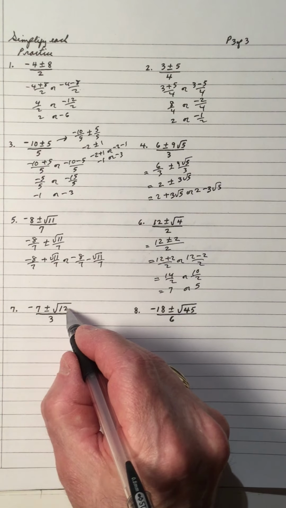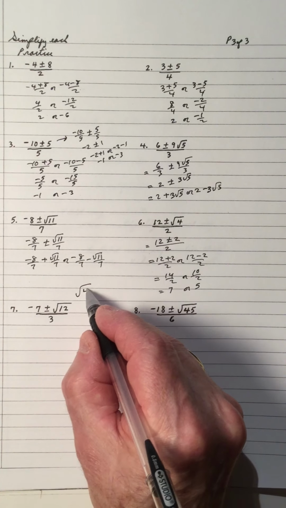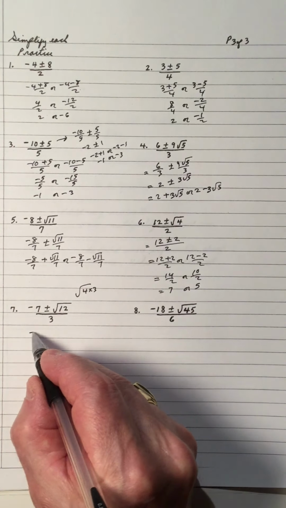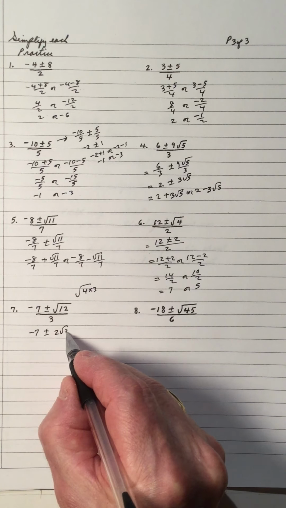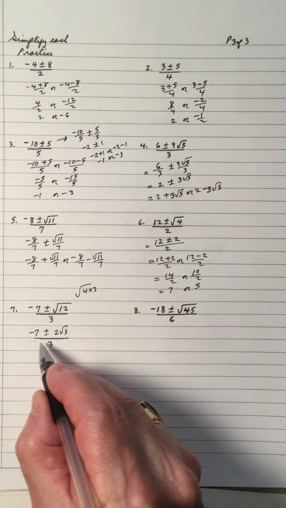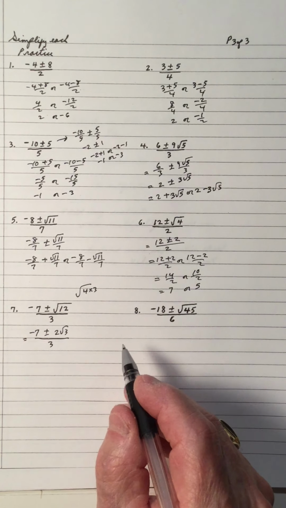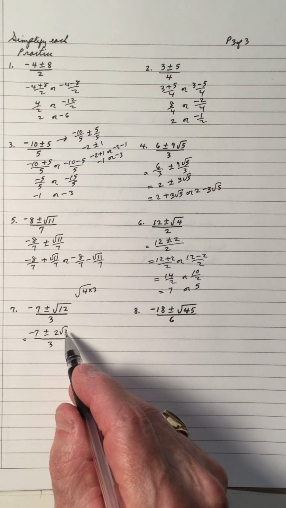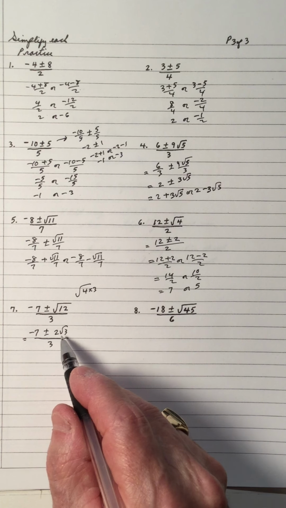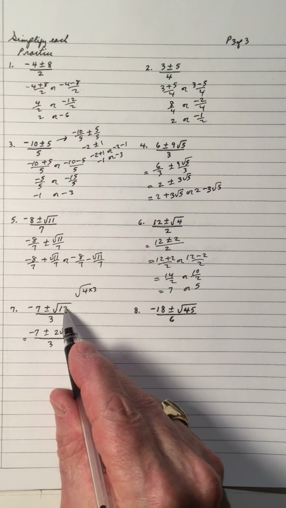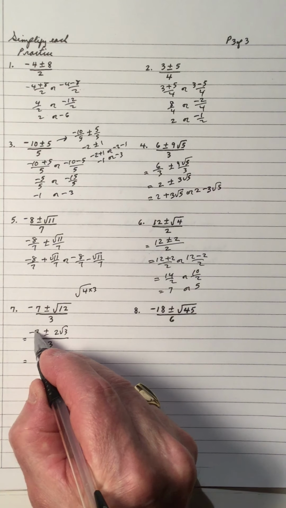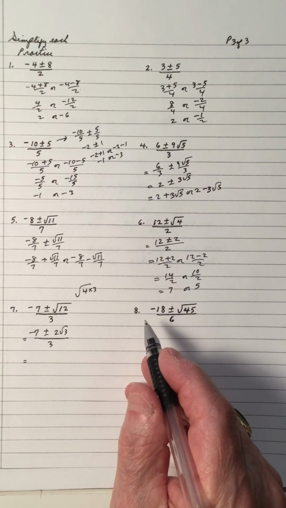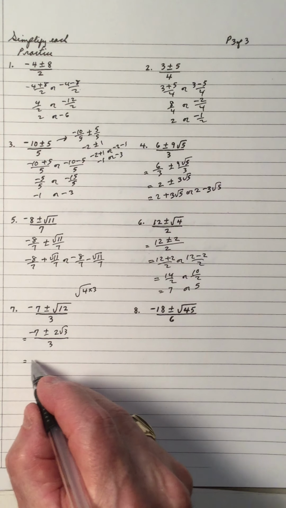Notice the root 12. In root 12, I see a 4 times 3. So that's the root of 4 is 2, root 3. Remember, there's a whole unit done on radicals, many videos done on simplifying radicals and how to simplify root 12, etc. If you look it up and work your way through, you will need it as math goes on.